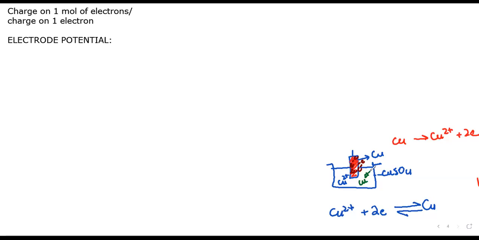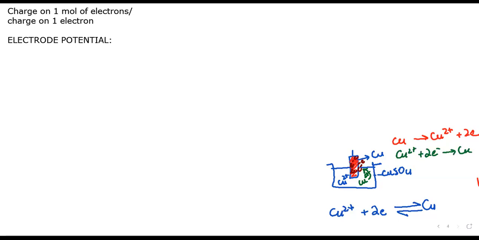So the ions in the solution will accept electrons from the metal rod, because the metal rod has electrons in it because of the loss from copper. So the ions in the solution will be able to accept electrons and turn back into copper metal.